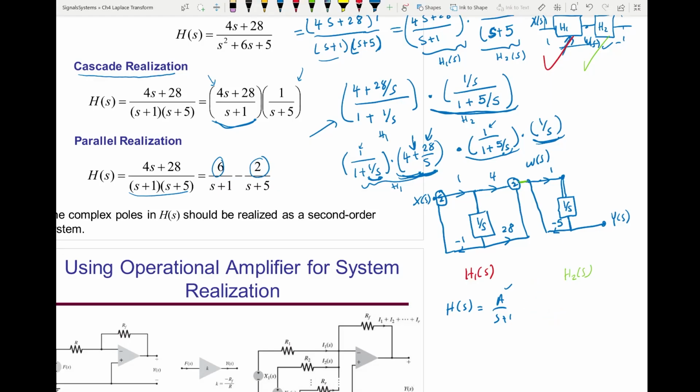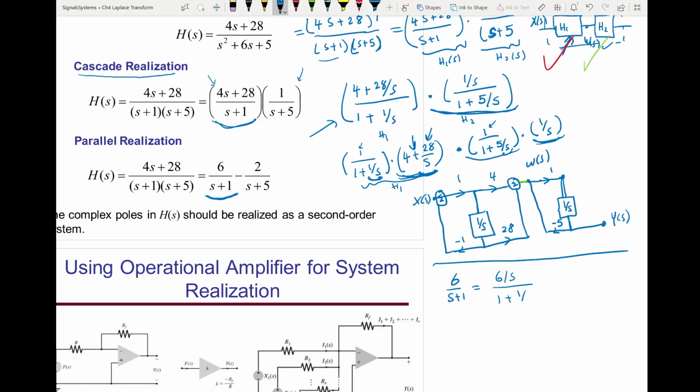So let's build this system then. Let's first build this one, this system. So this 6 over s plus 1, I divide numerator and denominator by s, so that will be 6 over s, 1 plus 1 over s. And if I build this system, let's make the input node x of s here, and I can express these first as the feedback, then going to the subsystem, which is the numerator.